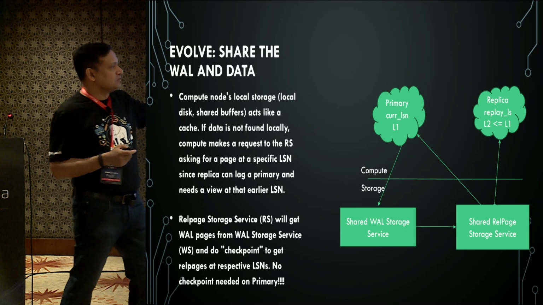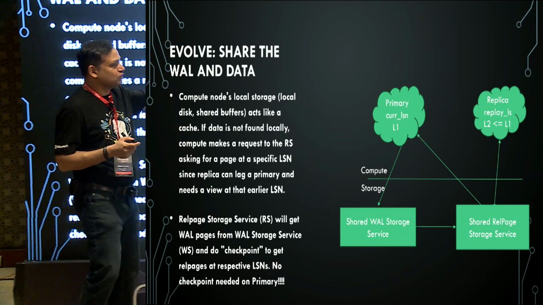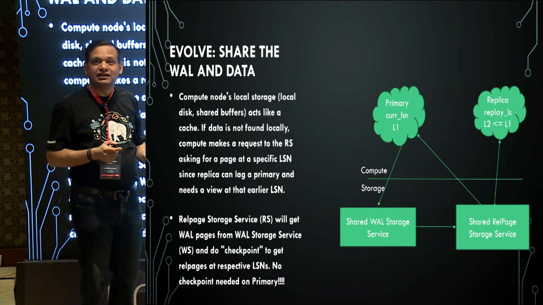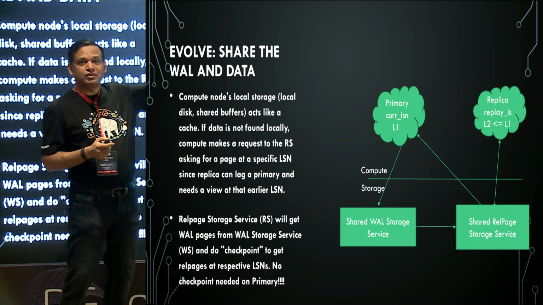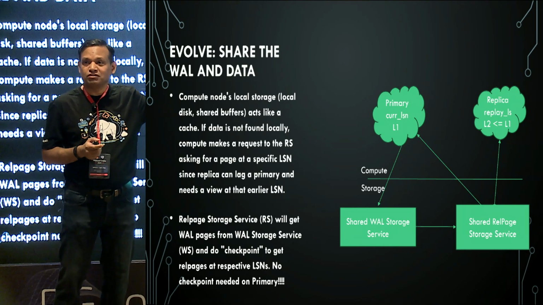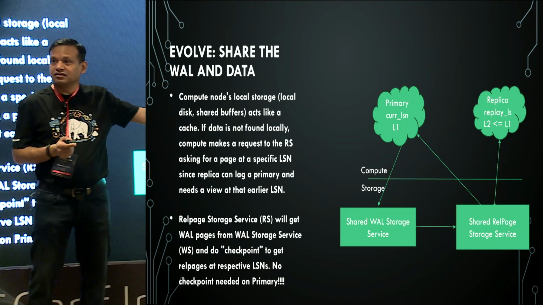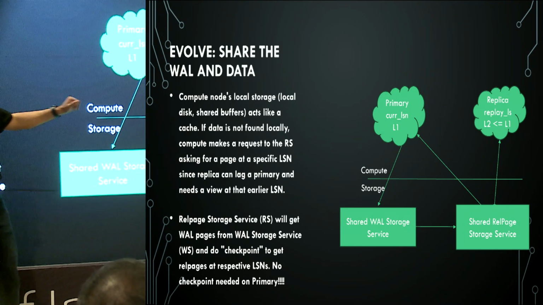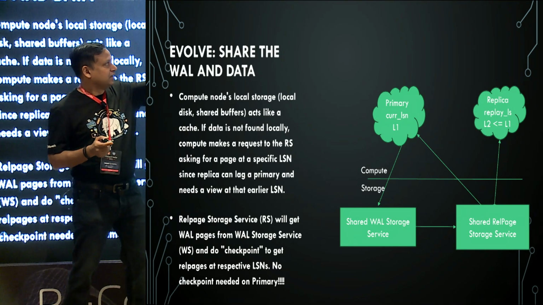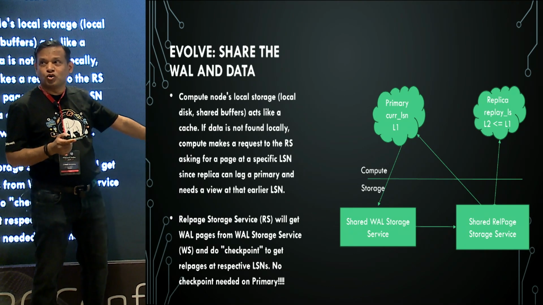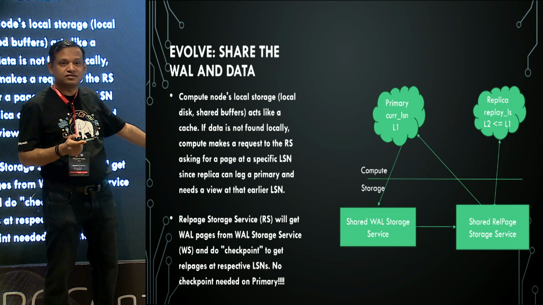So now in this case, where will the checkpoint happen? The checkpoint doesn't need to happen on the primary. The activity which we call checkpoint will now happen at the rel page server, right? So basically, the primary will generate wall. It will go to the persistent wall storage service.